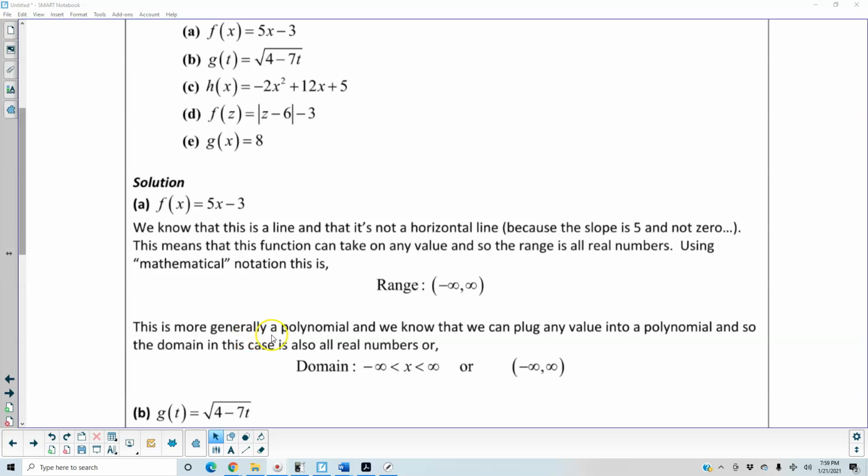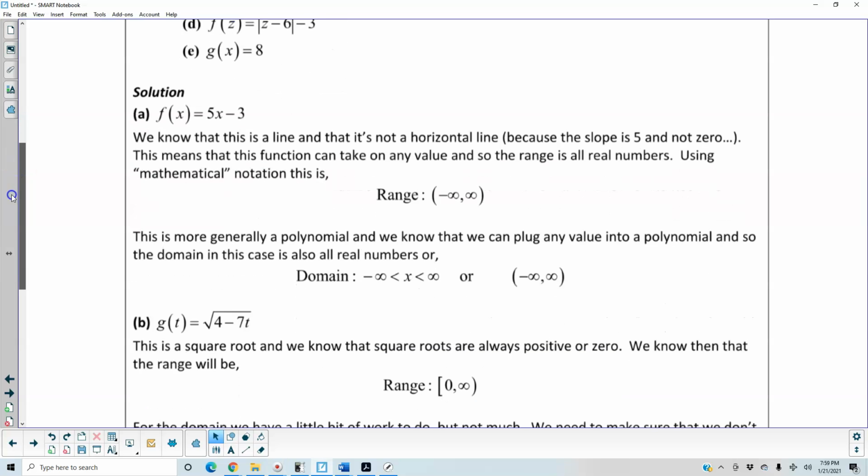This is more generally a polynomial, and we know that we can plug any value into a polynomial, and so the domain in this case is also all real numbers. Or we can say that x is between negative infinity and positive infinity, which we write as left parenthesis negative infinity comma infinity right parenthesis.